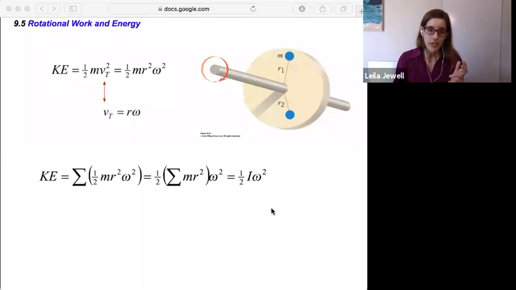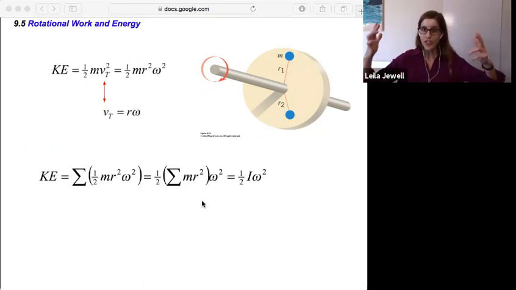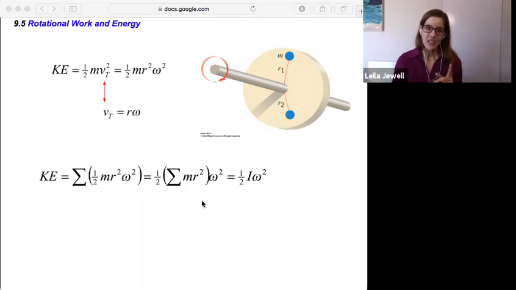And what we'd find is that all of these have the same angular velocity. The angular velocity is constant for the entire object. No matter how far you are from the axis of rotation, angular velocity stays the same. So that we could pull out of the summation. The 1/2 also would be the same, so that we could pull out of the summation. And notice in parentheses, we have the sum of m r squared. That's just our moment of inertia, I. So we get this rotational equivalent of kinetic energy: instead of being 1/2 m v squared, we have 1/2 I omega squared.